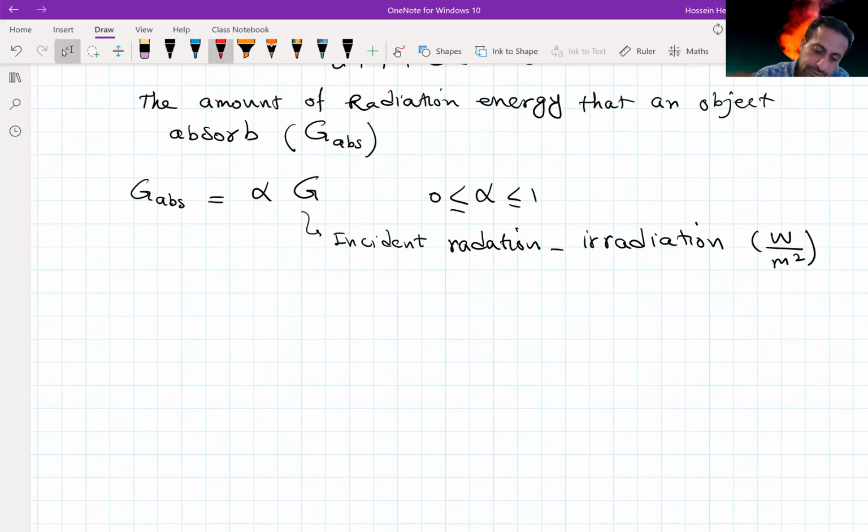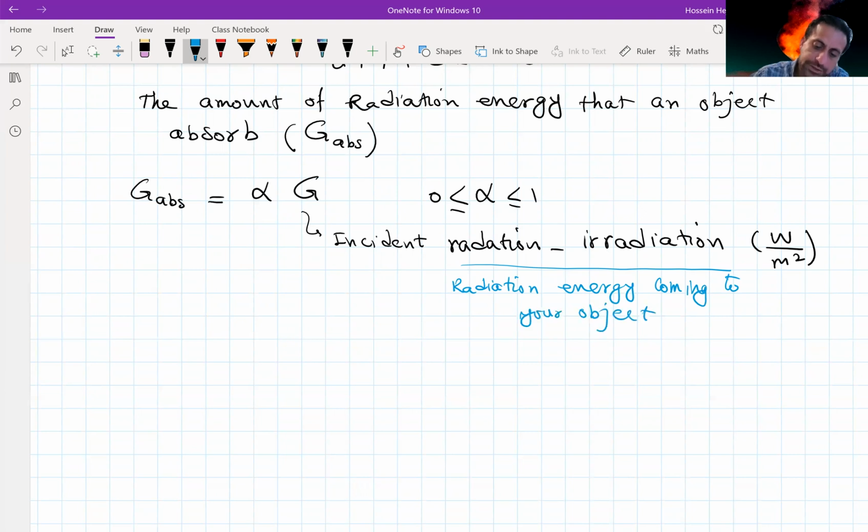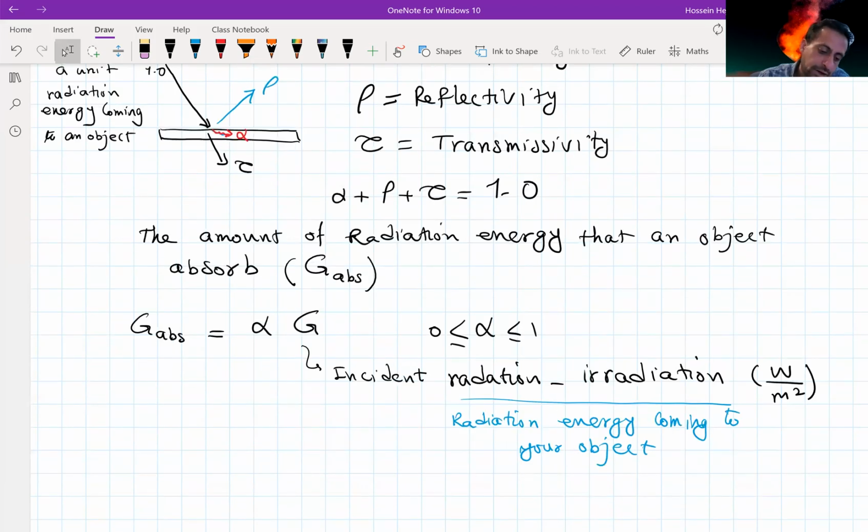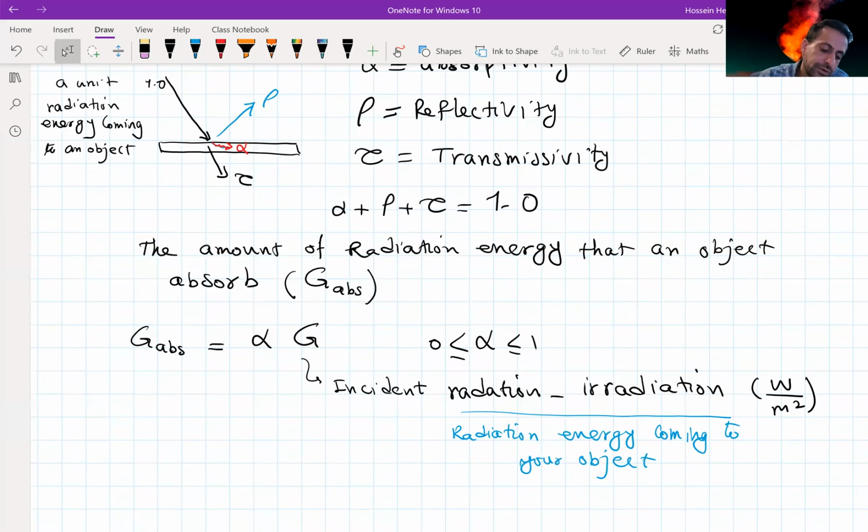Or in other words, this is radiation energy coming to your object. Remember, we were just showing for a unit of this radiation energy coming to the object, and G could be whatever number it has. And alpha portion of that is getting absorbed by the object.